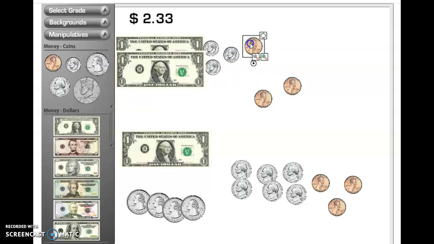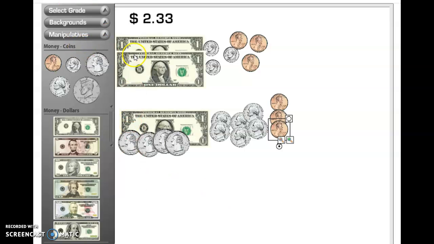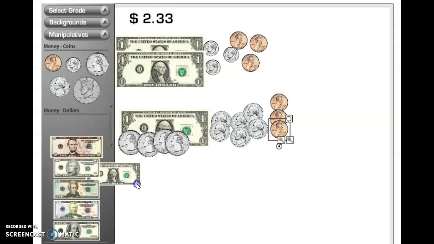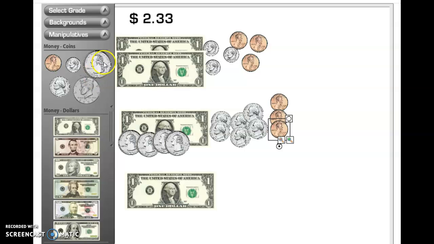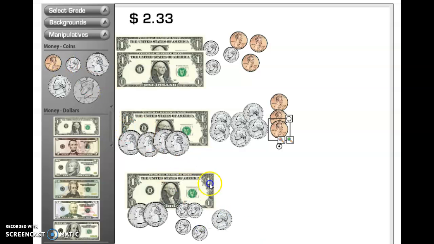I'm going to try to show you one more. Let me move these a little bit closer. Okay, so they're all moved closer. I'm going to do this again, $2.33. I'm going to do $1, but then I'm going to do 2 quarters, and then 4 dimes, and 2 nickels.